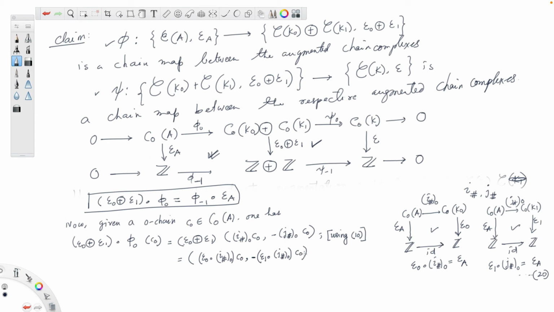Now we know that from this equality, from equation 20, we see that this is nothing but epsilon A C0, and this is minus epsilon A C0. So it follows from equation 20.